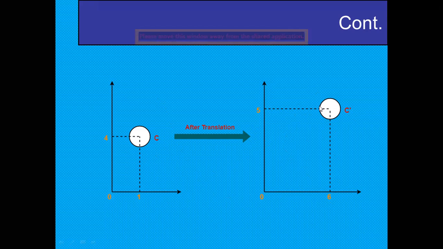After moving, you get the change in this diagram. With these types of transformations, we enhance the visibility of our object. That's why we apply such transformations. So there is a big role of transformation in computer graphics.